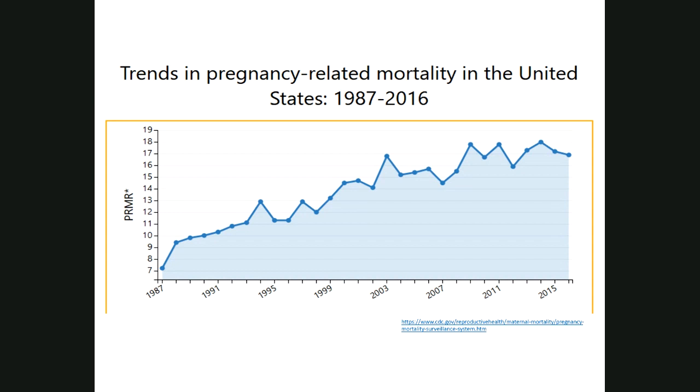So the CDC initiated the pregnancy mortality surveillance system and implemented it to be able to show this trend, and also for us to use our resources to help reduce the trend in order to get our numbers back down or find the causes of the increased rates in maternal mortality.